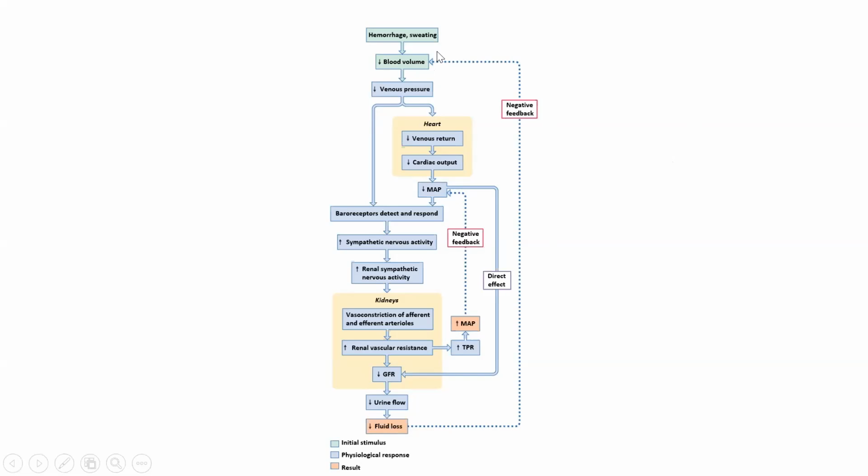We also want to point out the direct mechanism of this happening. The direct mechanism is that when we drop mean arterial pressure, right away the GFR drops. So there are two routes that this is brought about. The direct route is that drop in mean arterial pressure drops GFR, and a drop in GFR will eventually result in a drop in fluid loss, which will eventually restore blood volume.